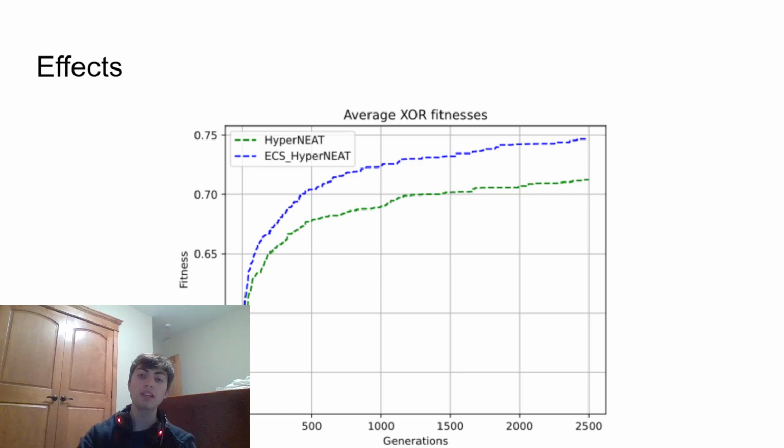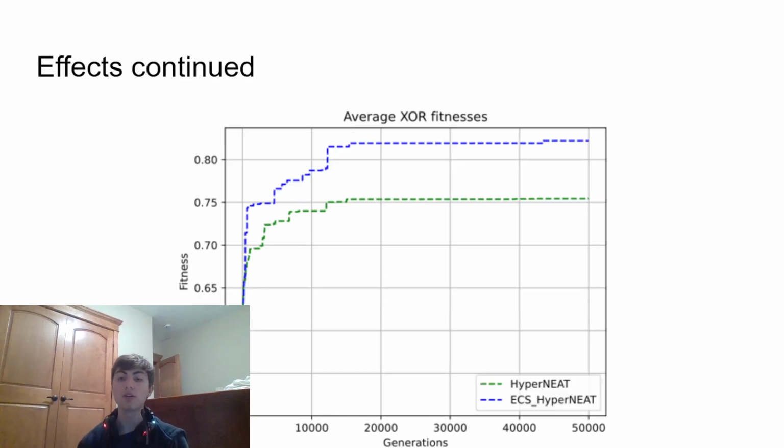And as we zoom out and go to like 50,000 generations, you'll notice that even though ECS HyperNeat doesn't completely solve every single run, there's a very big gap between HyperNeat solving at like 75% on average versus ECS HyperNeat solving at like 85%. And so there's this very clear difference.